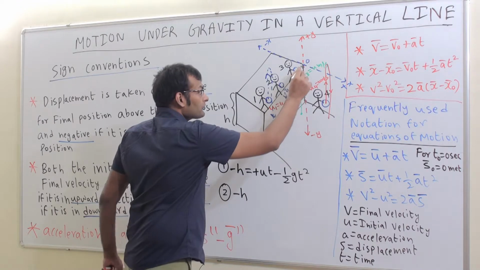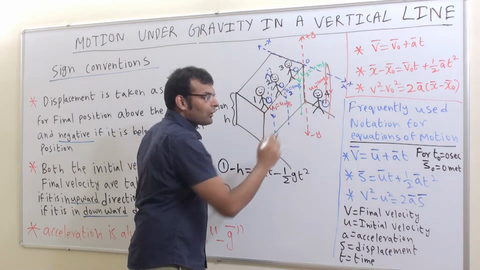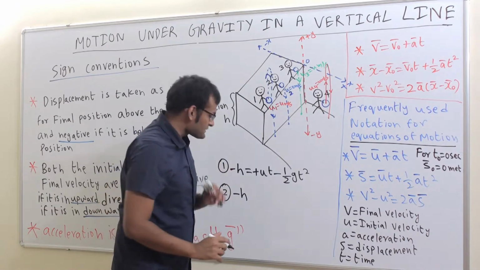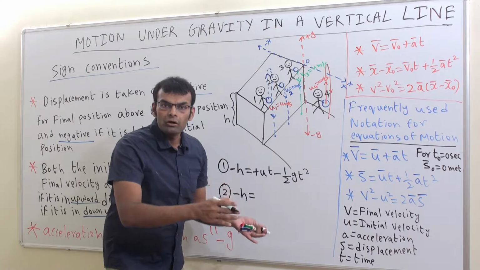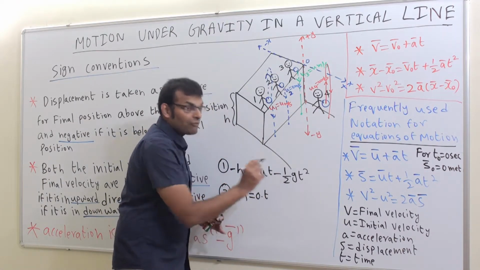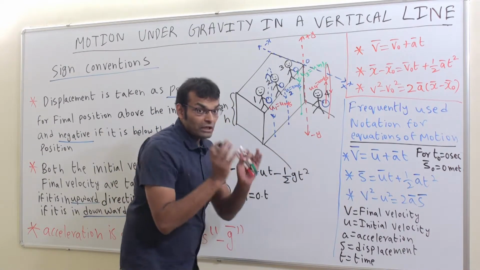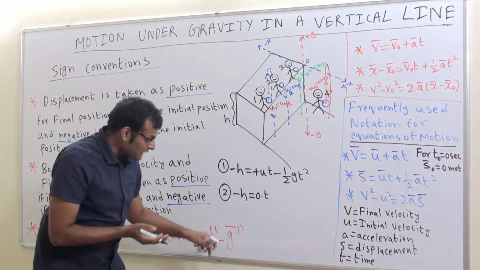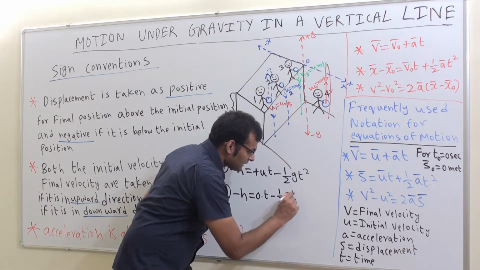Because we are taking the initial position to be the origin and it is coming down with a displacement minus h. Then we write, what is u? He is dropping the ball, so it is 0 into t minus half g t square. Why minus half g t square? Because the minus is due to the acceleration which is in the minus g direction. So again minus half g t square.